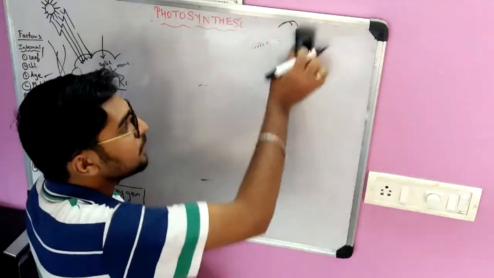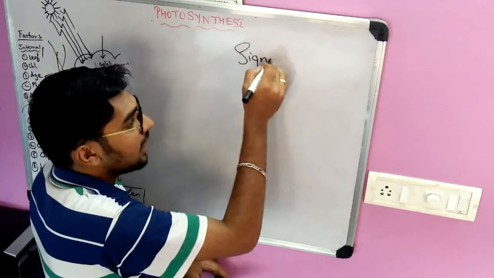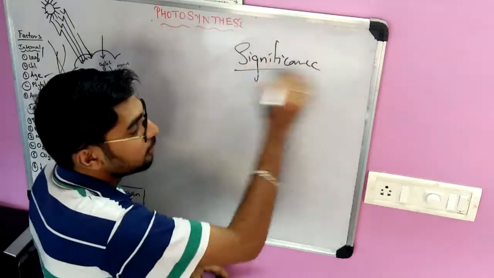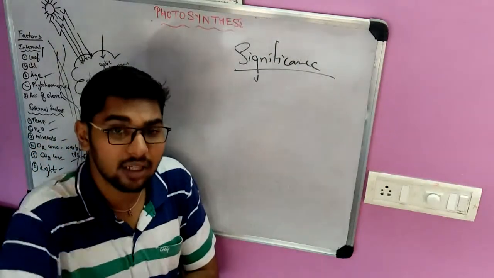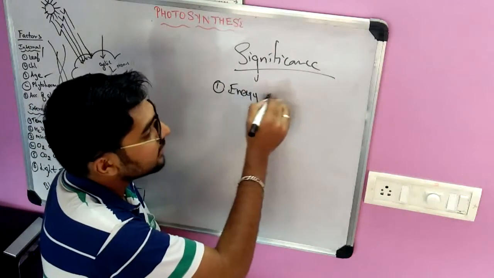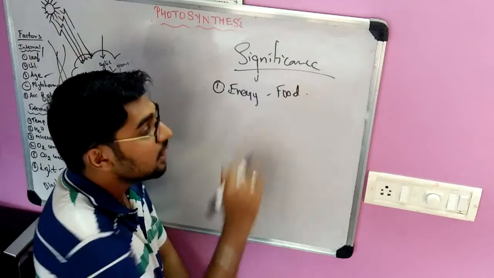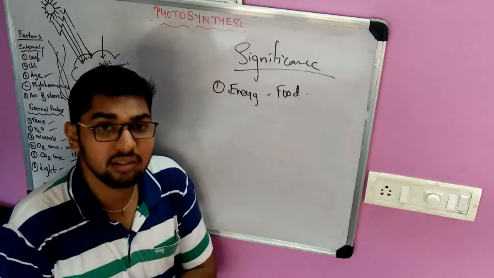Now we are coming to the last part of this video, that is the significance of photosynthesis. As I've been saying from the first, this is very important, photosynthesis, without which the world cannot live. The energy that is produced or the food that is synthesized by these plants is directly or indirectly helpful for the living organisms to sustain on this earth.